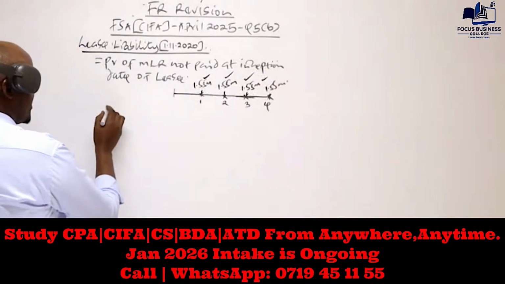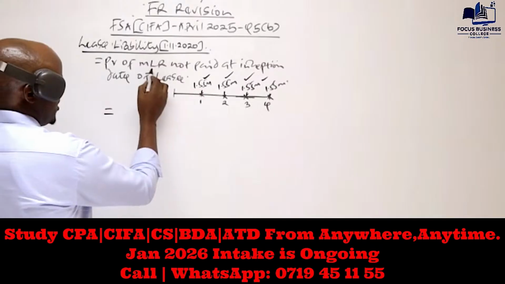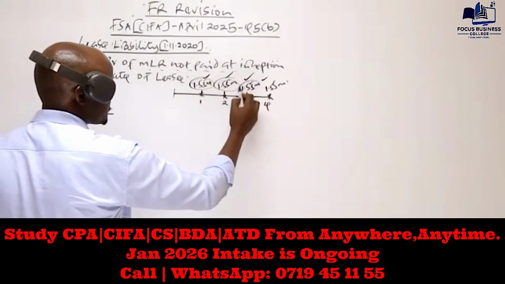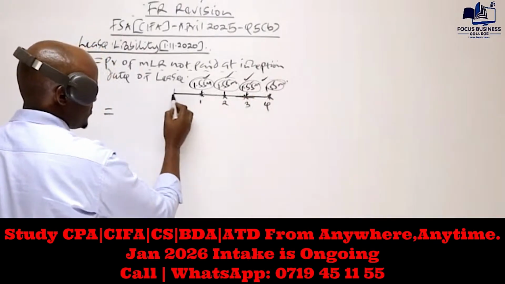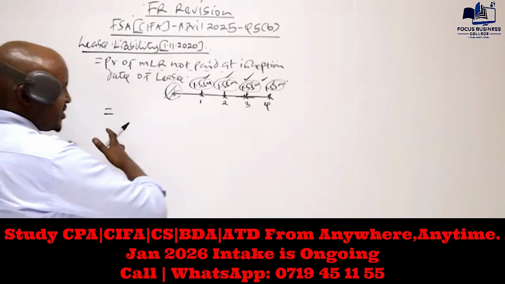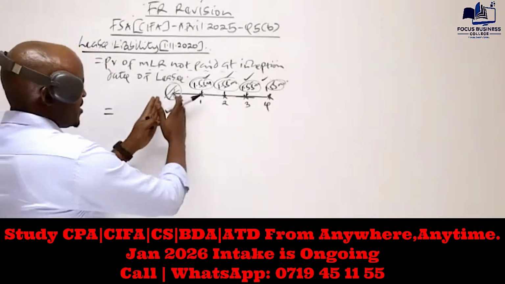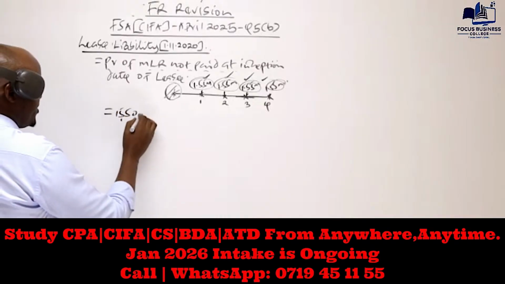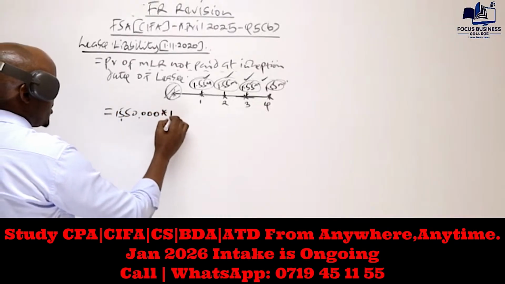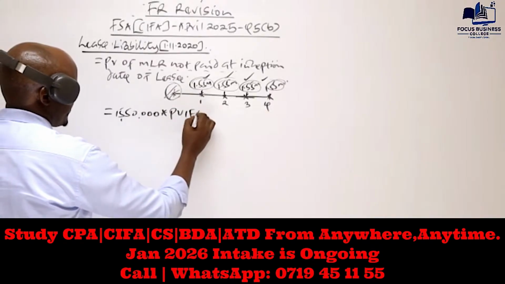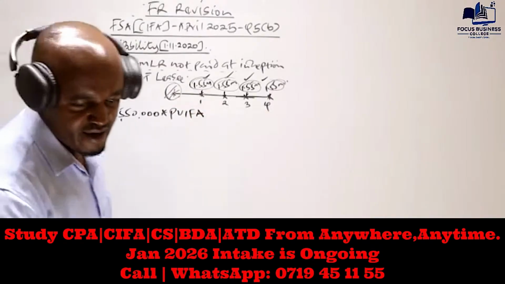So how do we compute the lease liability? We discount the minimum lease rentals not paid at the inception date. All of these were not paid at the inception date because no amount was paid there. We said we discount everything excluding the amount paid at the inception date. So we take 1.55 million and multiply it with the present value interest factor of annuity at which rate?